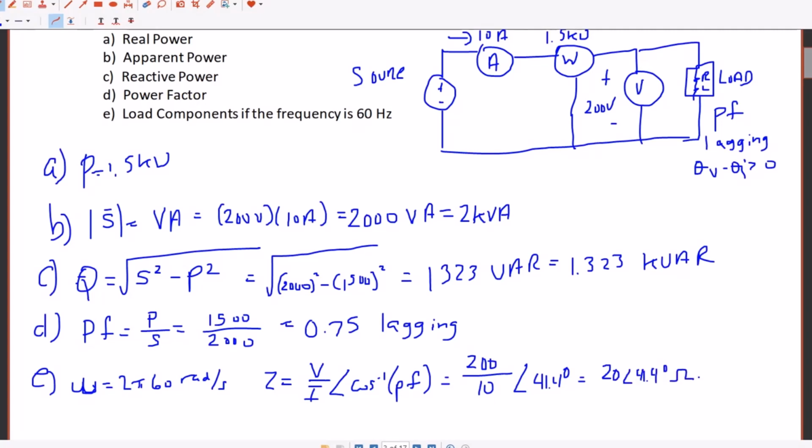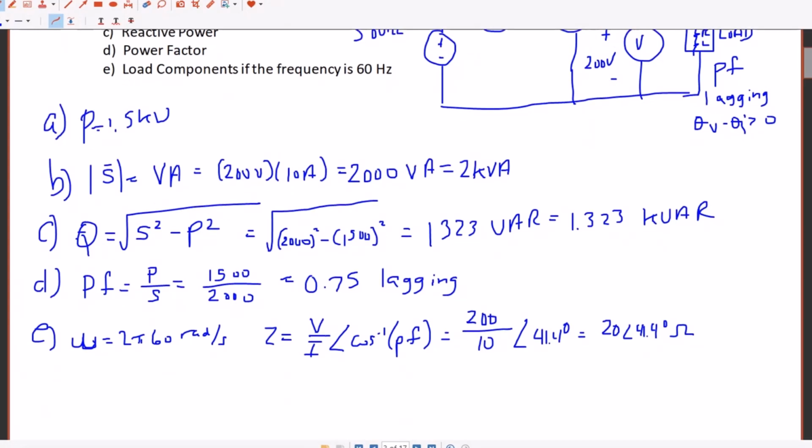Okay. So to get the impedance, it's voltage divided by current, and to get the phase angle, it's just the arc cosine of the power factor. I want everyone to take out your handy dandy calculator and convert the impedance into a real part and an imaginary part. So this is polar form. Convert the impedance from polar form to rectangular form.